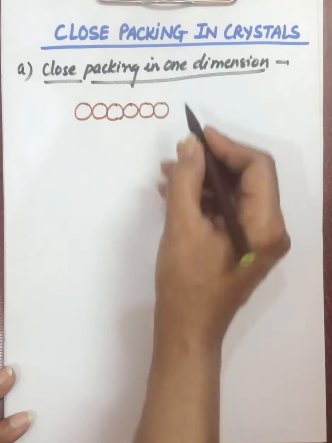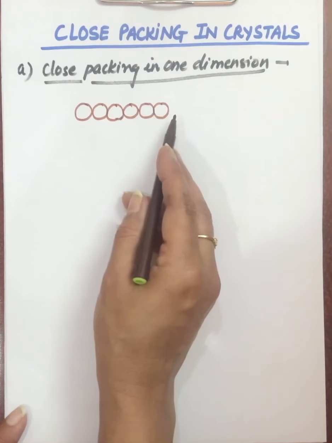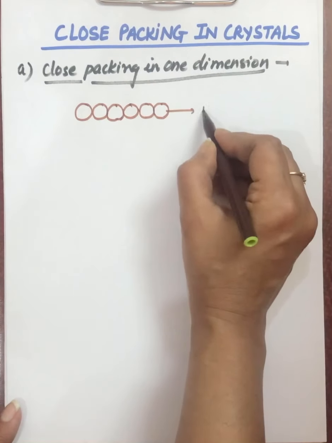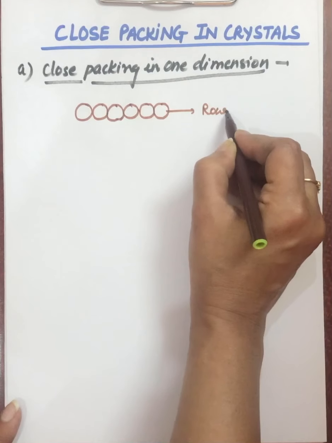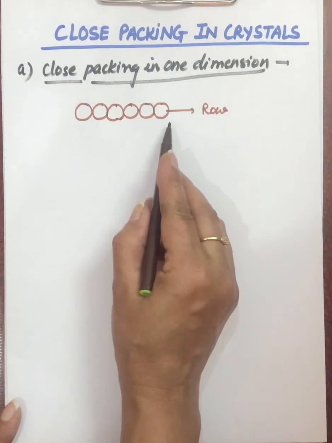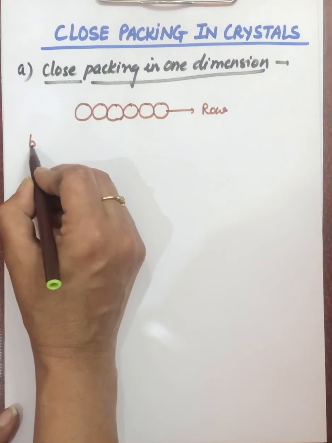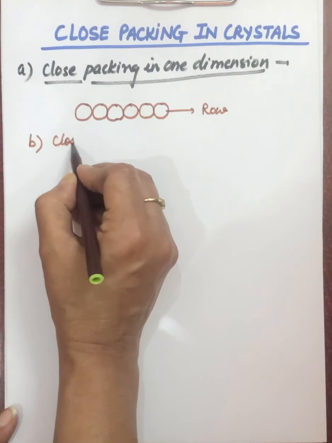We are assuming the particles here are like spheres and approximately of the same size. And what we get here is a row. So in one dimension, only one way we have to arrange the particles close to each other.